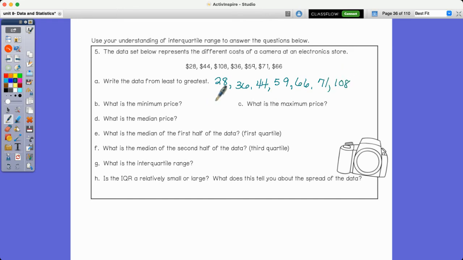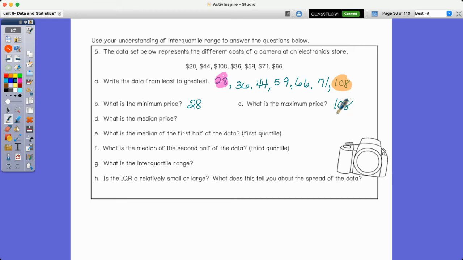First thing you're going to do is always tell me the smallest, the minimum price or minimum anything. So that's what you're going to find first, and it's 28. And then you're going to find me the maximum. There's a reason for this, which we will get to in a couple days when we do box and whisker plots. You need all these numbers.